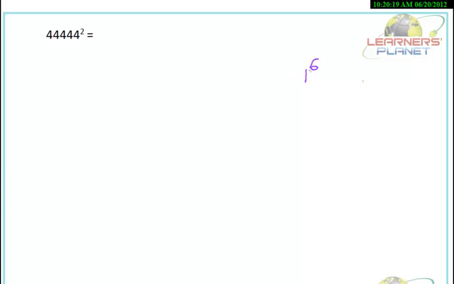It's 16. 16 2s are 32, 16 3s are 48, 16 4s are 64, 16 5s are 80, 16 4s are further 64, then 48, then 32 and then 16. Let's finish the calculation by adding the carryovers.